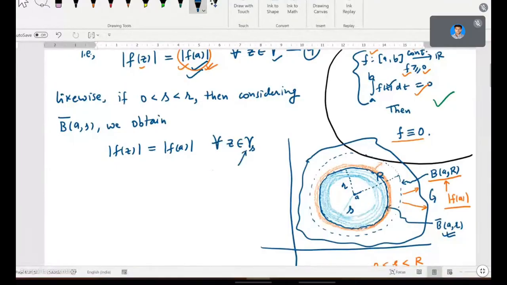What is gamma s, class? Here gamma s is a plus s e^(it), this circle. Is this okay, class?